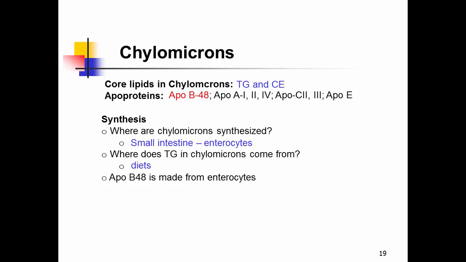ApoB 48 is the main ApoB protein synthesized in the small intestine and packed on the surface of chylomicron. Chylomicron also has ApoC2, which is important for LPL function or activity.